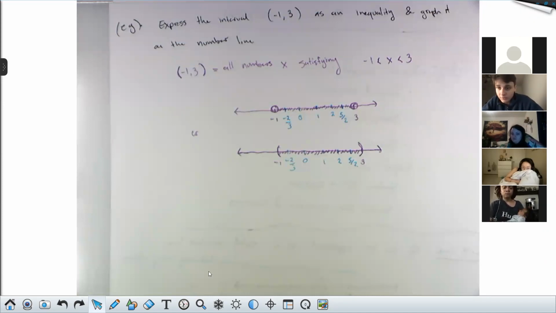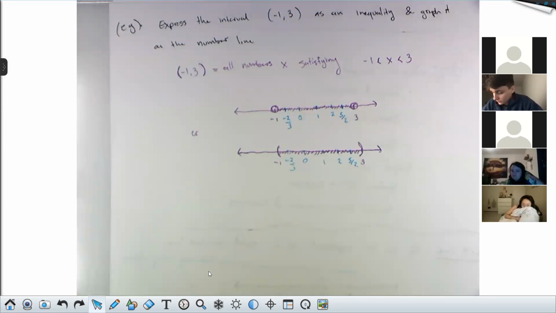Infinitely many. Very good. That's just something worth keeping in mind. I know it's easy to drift away from that over time. Remember, between any two real numbers, there's infinitely many other real numbers.